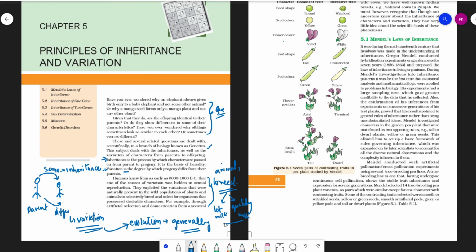Earlier humans did not know about genetics and inheritance, but they could interbreed animals.